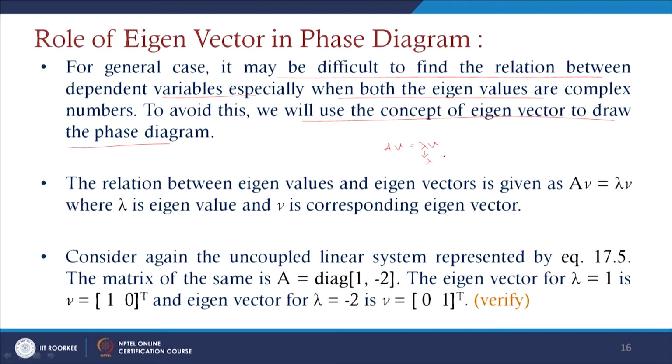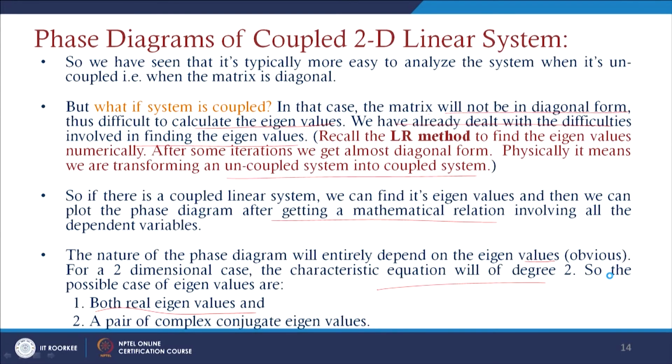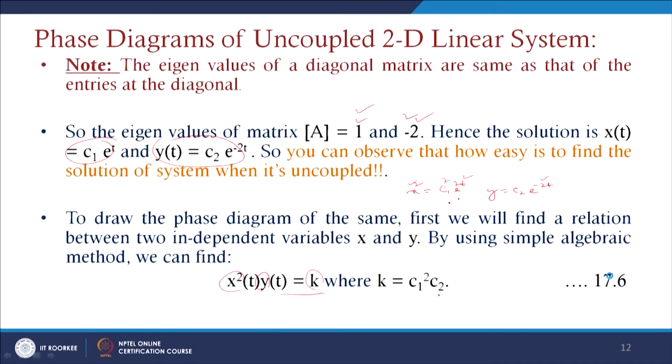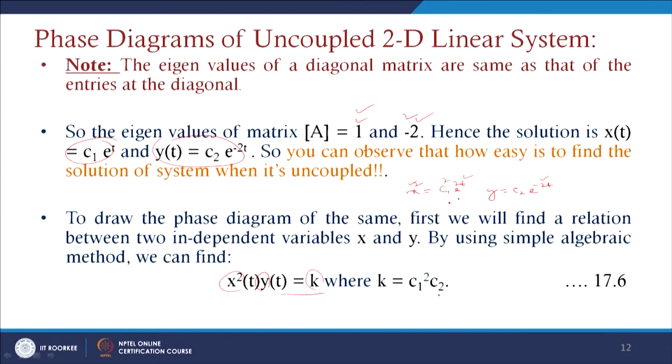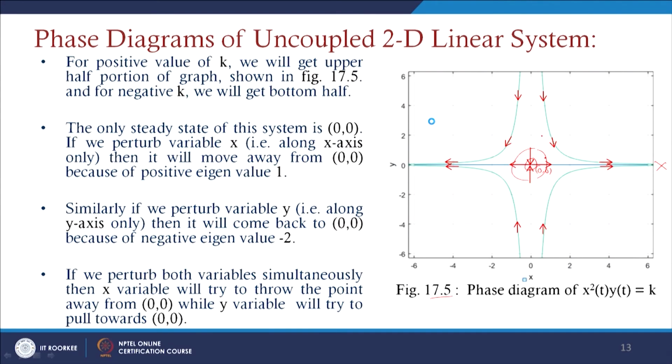First we consider the uncoupled linear system from the example, equation 17.5, where the diagonal entries are 1 and minus 2, if you remember.